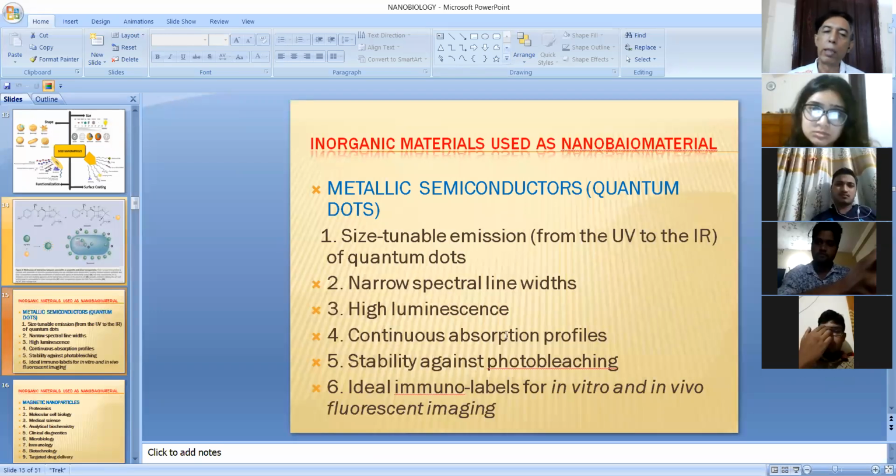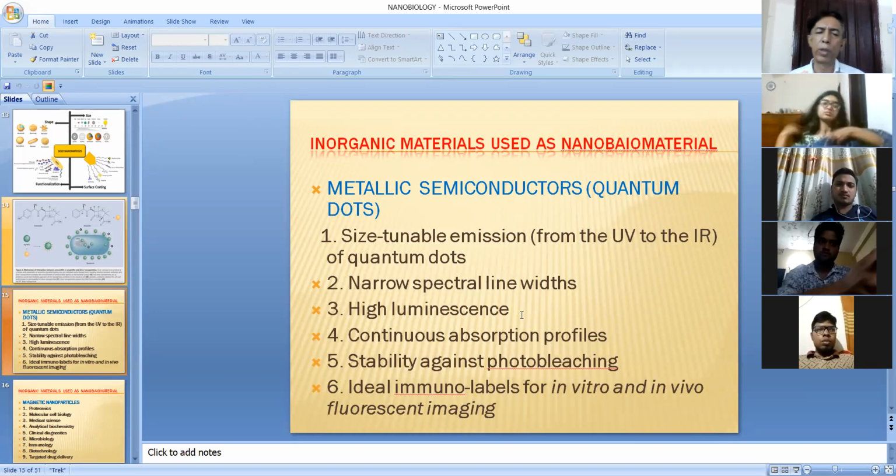And the detection spectra is very narrow. How they are doing it, I'm telling you just afterwards, with a very short description.